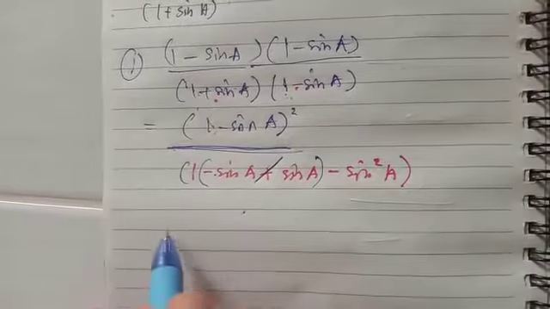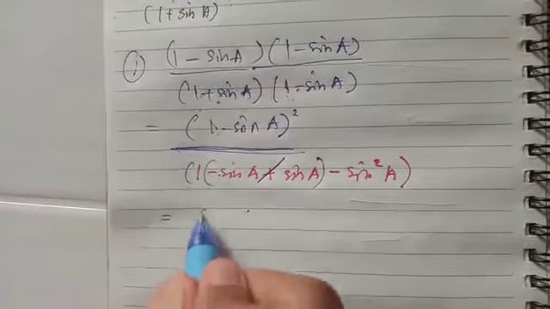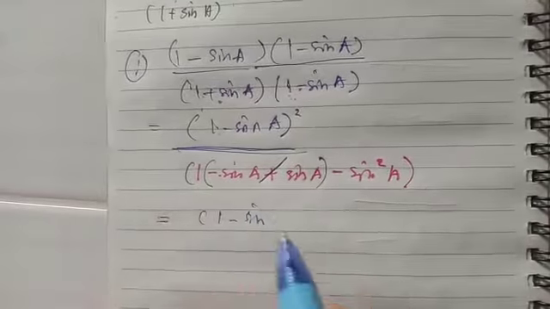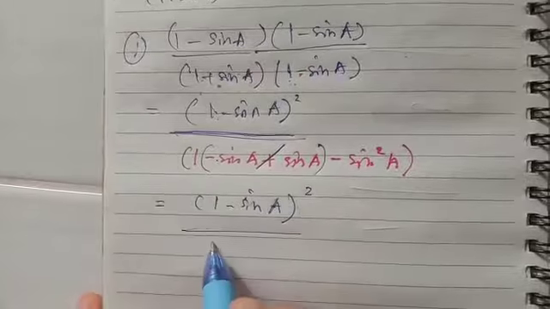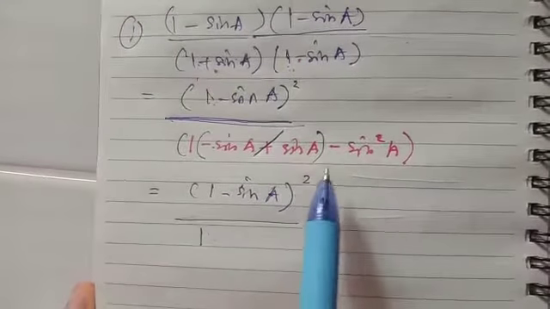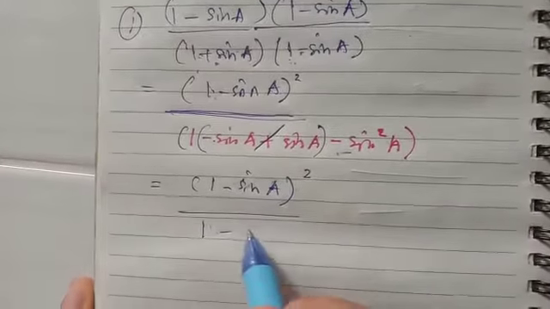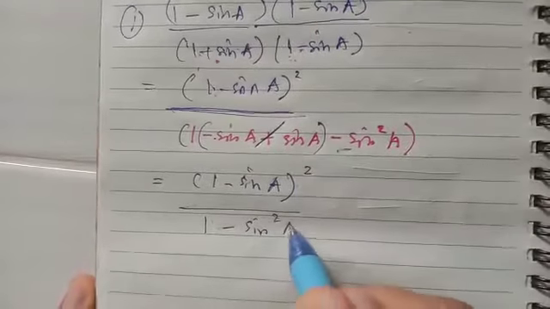So we continue. It will be 1 minus sine A, squared, divided by 1 minus sine square of A.